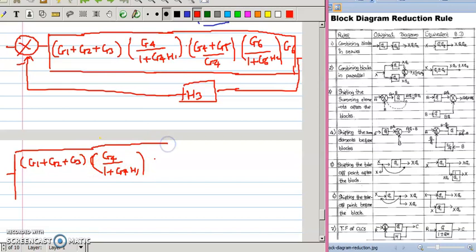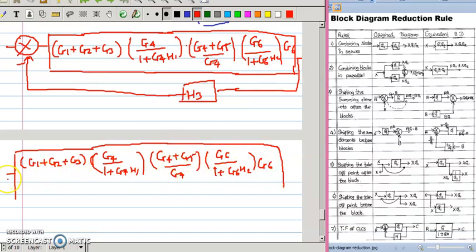Okay, then G4 plus G5 divided by G4. Okay, G6 divided by 1 plus G6H2 into G6.